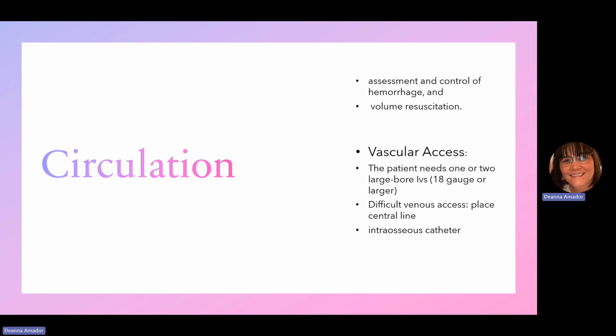So remember, this is still in our primary survey, and we would be taking care of that during the primary survey. We would also obtain IV access during the primary survey, during the circulation part, and we'd be getting probably 2, but 1 to 2 large bore IV catheters. When I say large bore, that's 18 gauge or larger. And they put them right into the AC of both arms, unless there's some injury there.